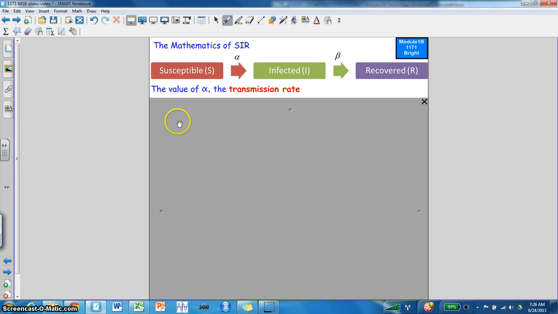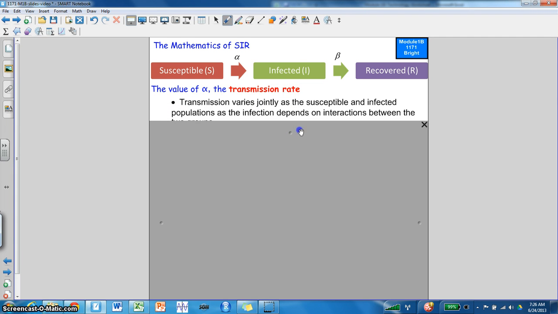And our other job is to determine alpha, which we call the transmission rate. First thing, transmission varies jointly as the susceptible and infected populations, because remember, we have to have a susceptible population in order for there to be infection, and we have to have an infected population, and the infected compartment is influenced by the susceptible populations.